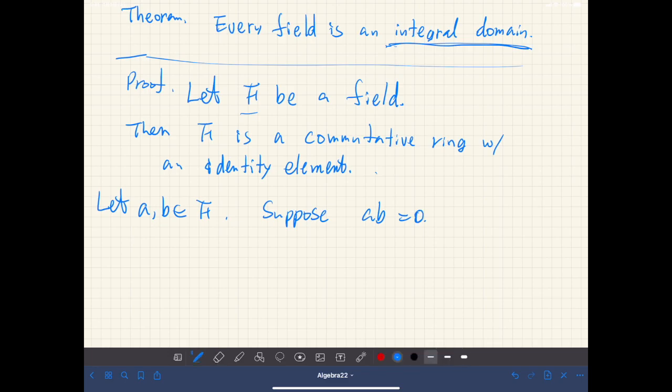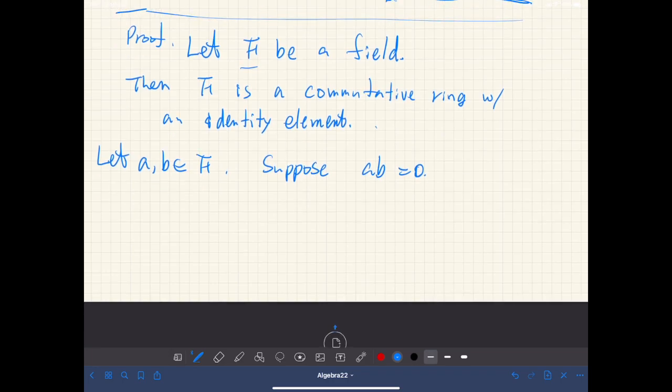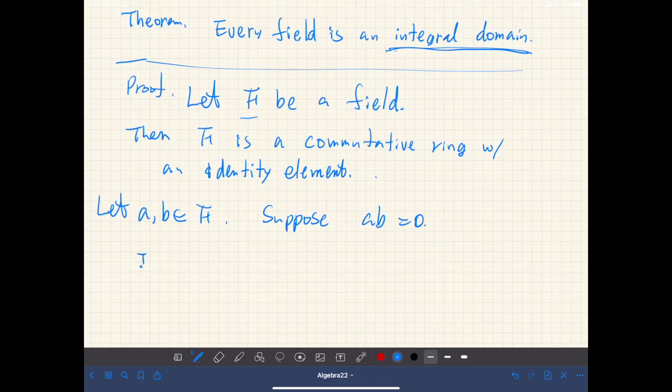And now, if A is not equal to 0, then there exists its inverse, right? Such that A inverse times A is equal to 1.